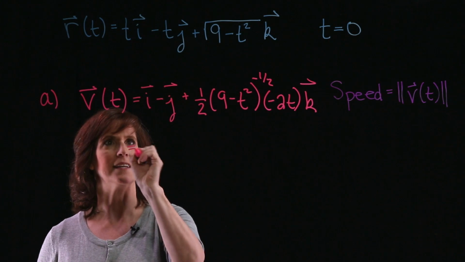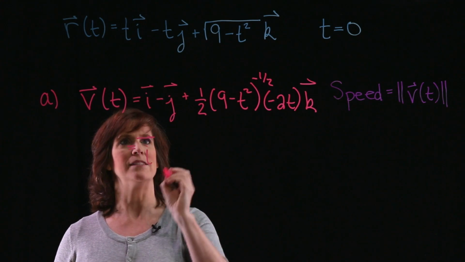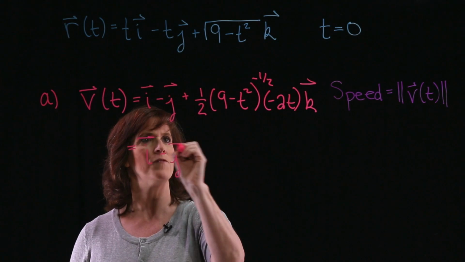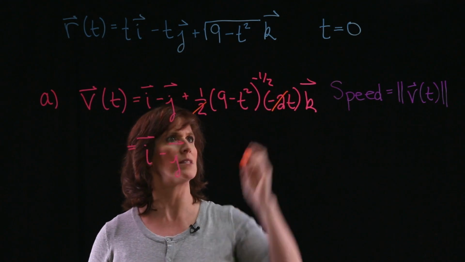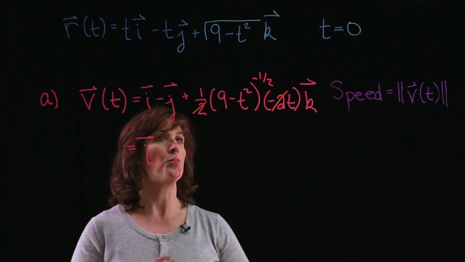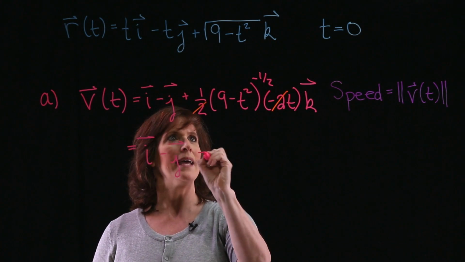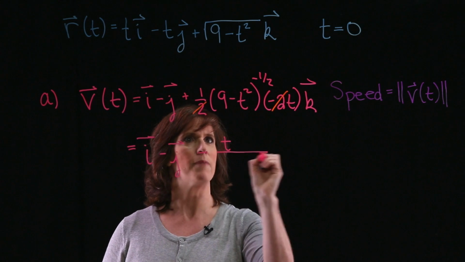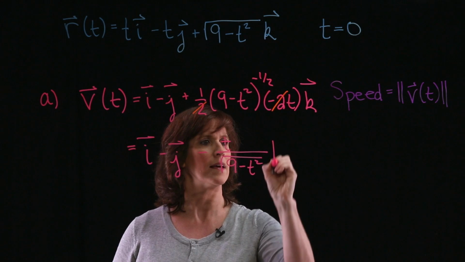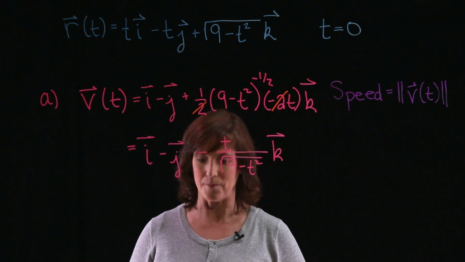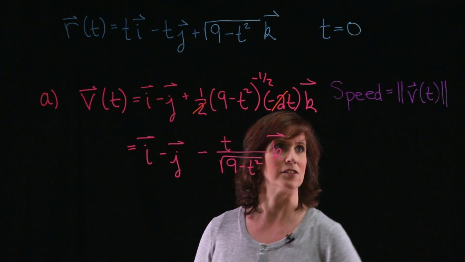And I can simplify this by writing it as vector i minus vector j. And I notice that this 2 will cancel with this one. And I'm left with minus t divided by the square root of 9 minus t squared times my vector k. All right, that's the velocity vector.